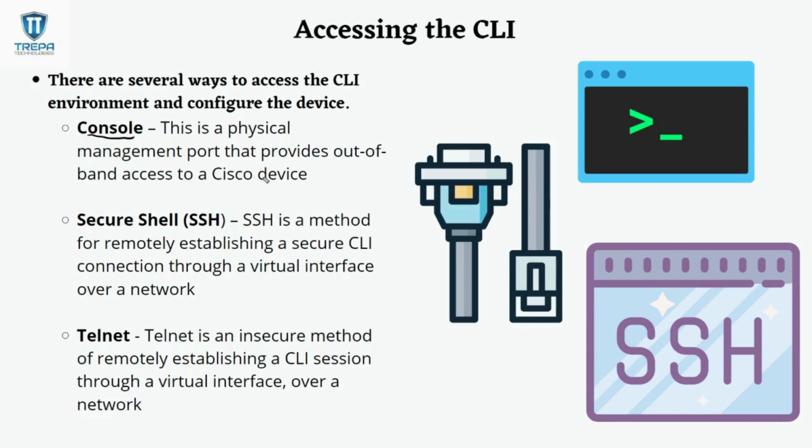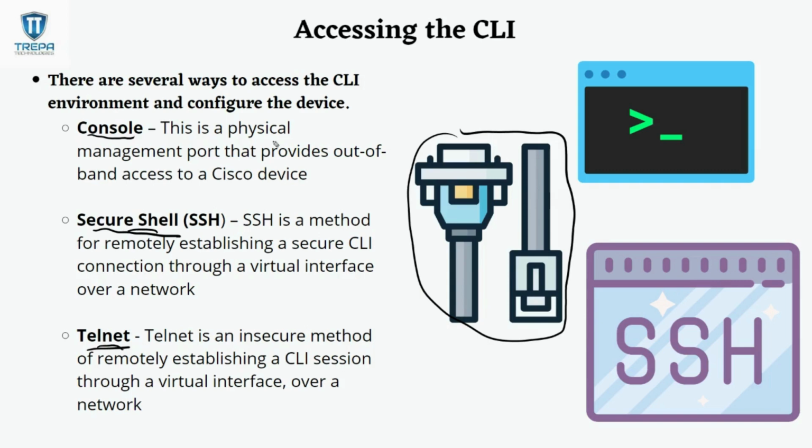In a few of our bonus videos, I'm going to show you this in real time. This is an actual console port. This is actually what it looks like. You can also remote in using these protocols, SSH or Telnet, and you begin an SSH or Telnet session also from a terminal emulation program.